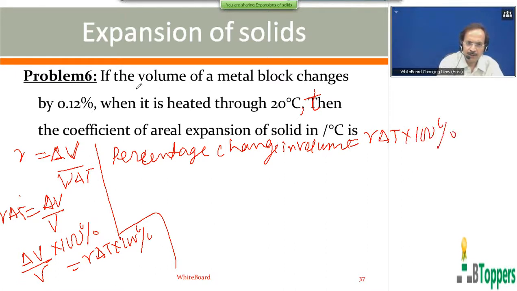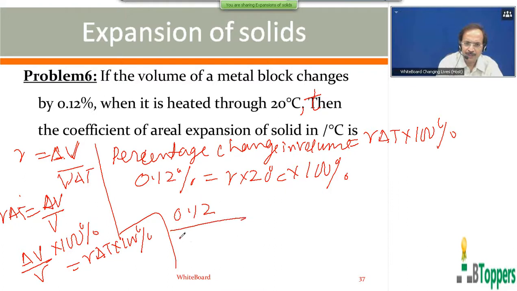I will read out the question again. If the volume of a metal block changes by 0.12% when it is heated through 20 degrees centigrade, then the coefficient of areal expansion of the solid in per degree centigrade. Percentage change in the volume is given as 0.12%. Change in temperature is 20 degrees centigrade. So from that, you can find gamma.